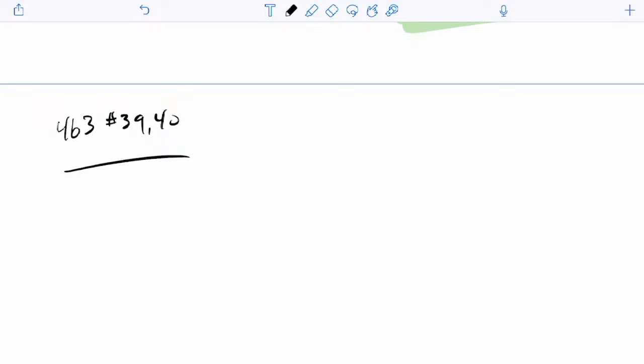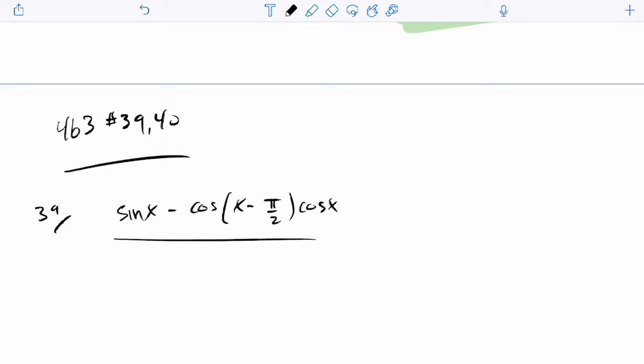Okay, so 463, 39. Oh, he's here. Okay, I can go through 52 and 54 later, after I do these two. I can go through them if you want, not a big deal. Or if anyone else needs it, let me know.